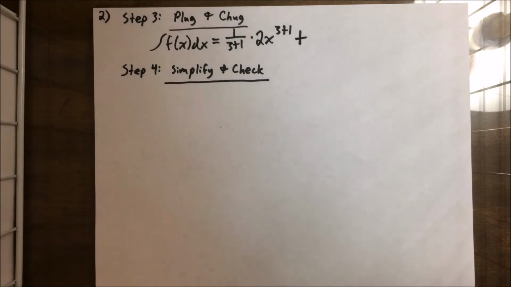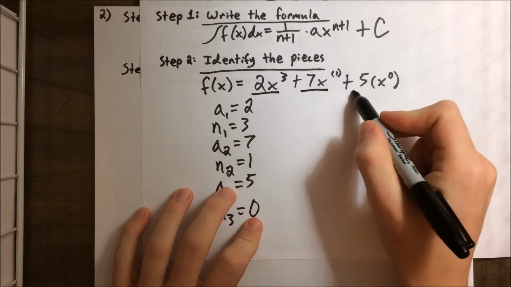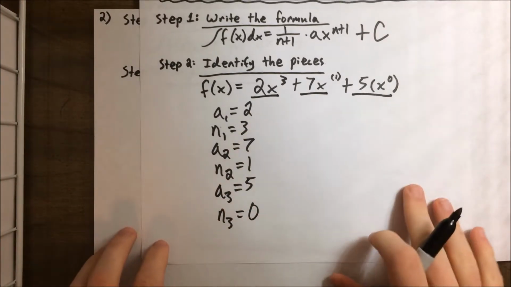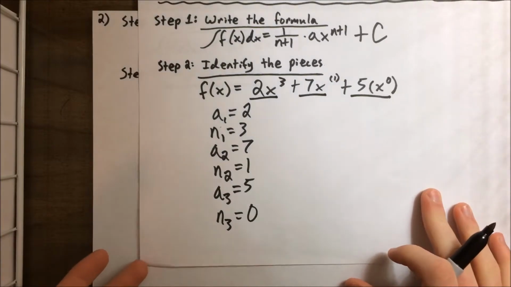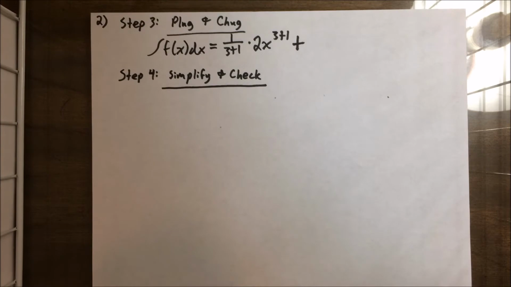You could treat these as separate functions, really. Each part that's being added, so you could treat this part, this could be 1, this could be 1, this could be 1. You're basically taking the integral of all three of those separately. You just don't actually have to split it up. It's doing the exact same thing either way.